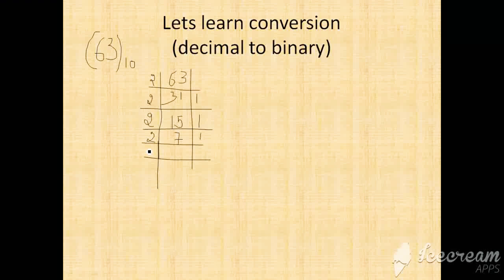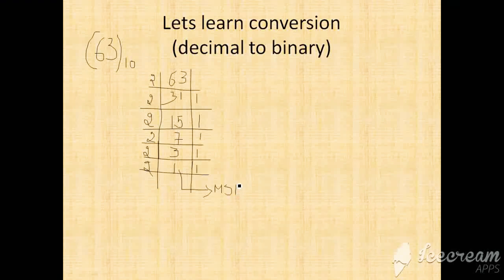Again, let's divide. 2 3s are 6, remainder will be 1. Again, 2 1s are 2, remainder will be 1. Now see, until we get a 1 over here, we will keep on dividing. This is the MSD, most significant digit. We will start writing the number from here, right?